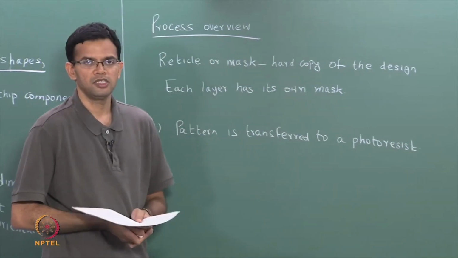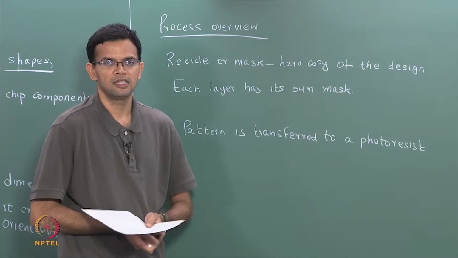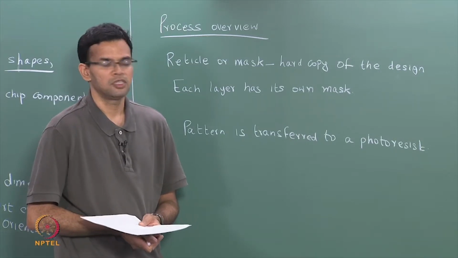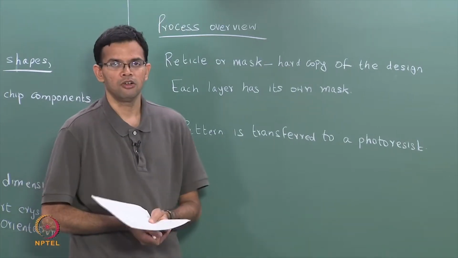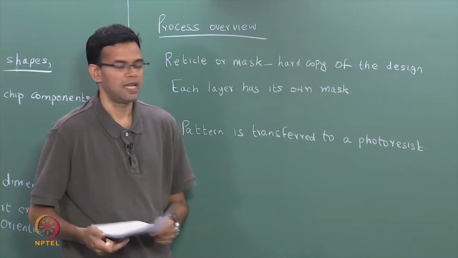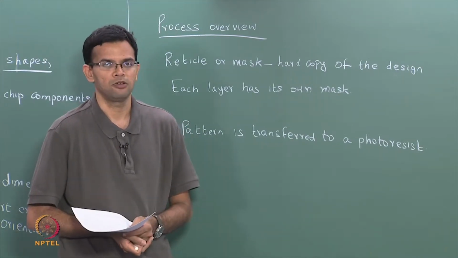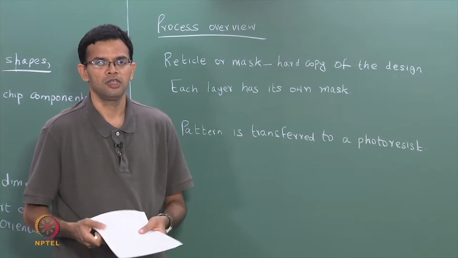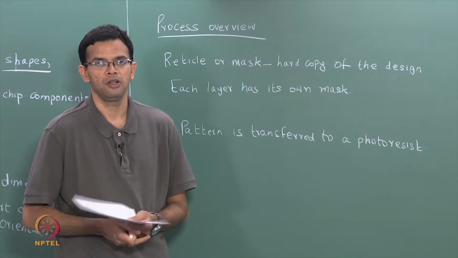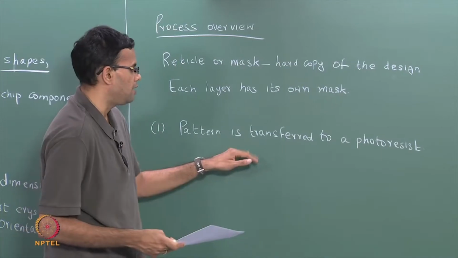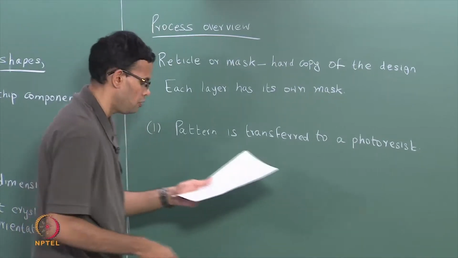A photoresist is nothing but a light sensitive material which is deposited on top of your sample. We will again see examples of photoresist and how they are actually applied onto the sample. So the photoresist is applied onto the sample or the wafer, and the pattern is first transferred to the photoresist.